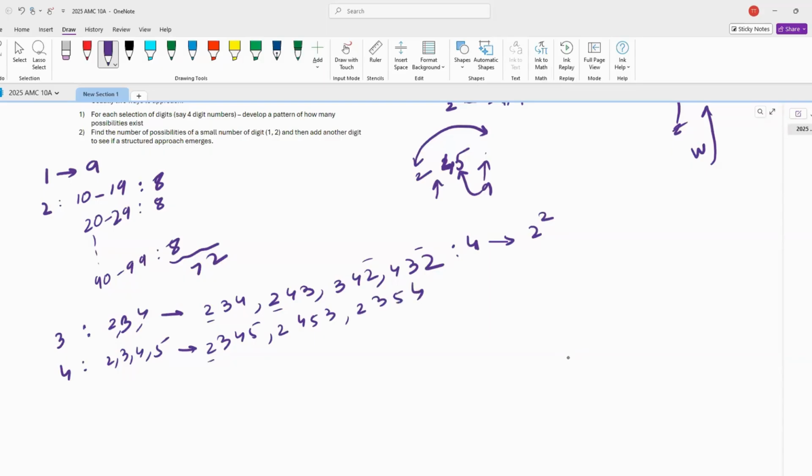I believe that is it, because 3 cannot be in the middle. 2345, 2453, 2354. Oh, there's one more: 2543. And essentially, I don't have to manually write it out. If I move 2 to the end, it's going to be the same set of numbers: 3, 4, 5, and then 2 at the end.